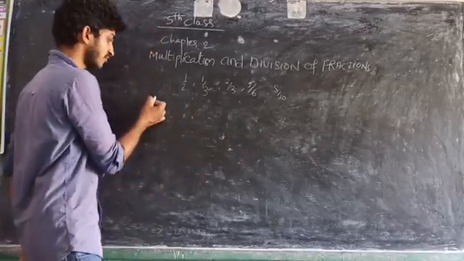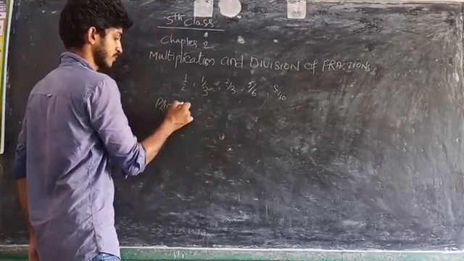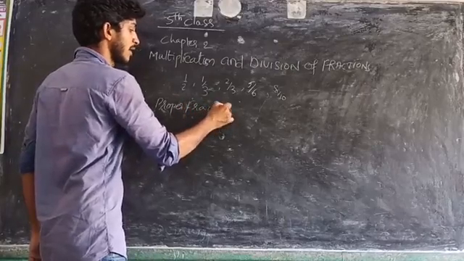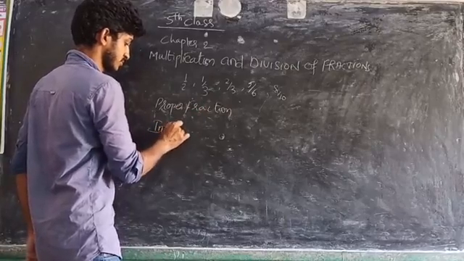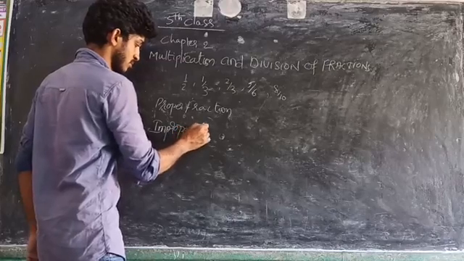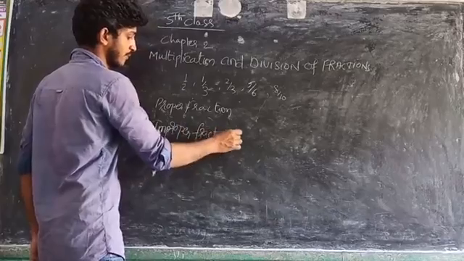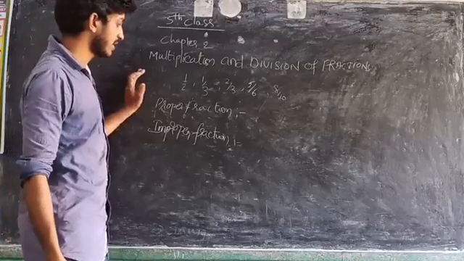Here, fractions are of two types. One is proper fraction. Another one is improper fraction. Okay. What is the difference? How to find it?